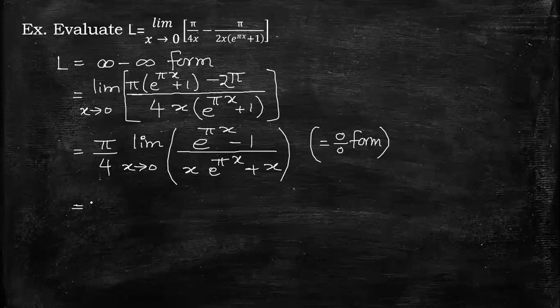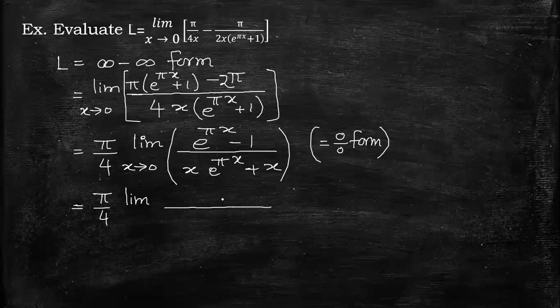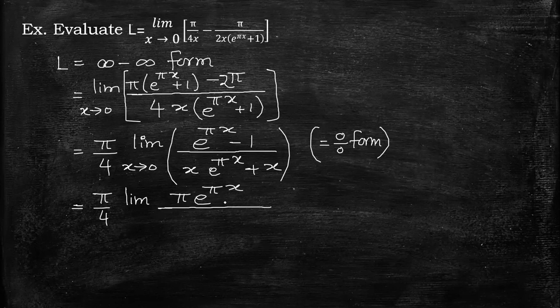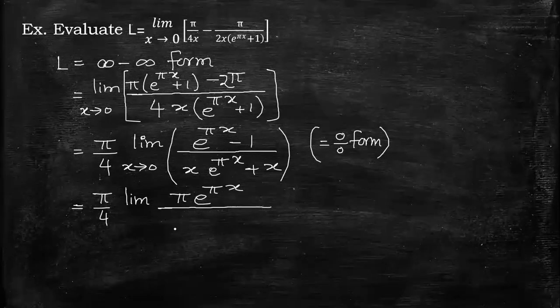So this is equal to pi by 4 into, we have to apply L'Hospital's rule once again. The derivative of the numerator is e to the power pi x into the derivative of pi x with respect to x, that is pi, minus 0. Now the derivative of the denominator: the first term is x into e to the power pi x.